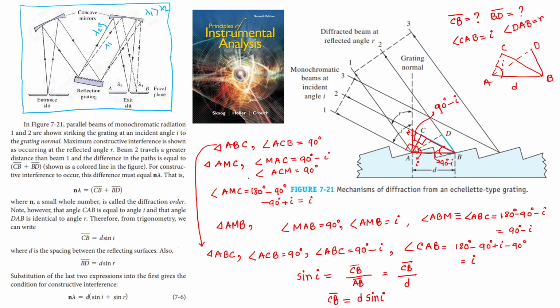Similarly, the reflected angle is R. Suppose I change my color to green, from there you will be able to show this angle is actually R. I'm thinking whether I should show this to you, or whether you will be able to solve it by yourself.